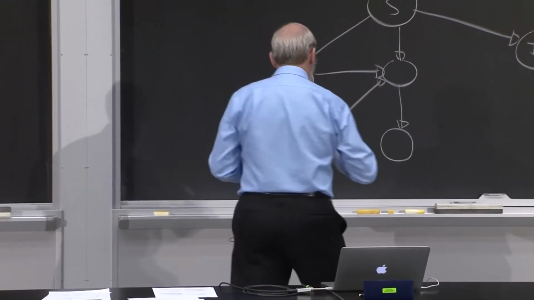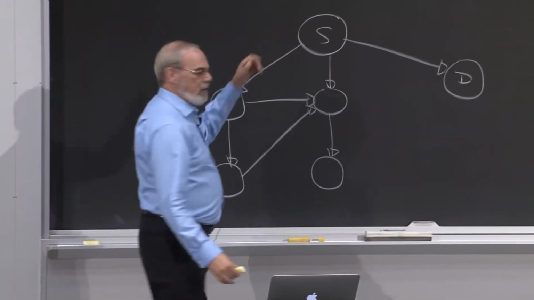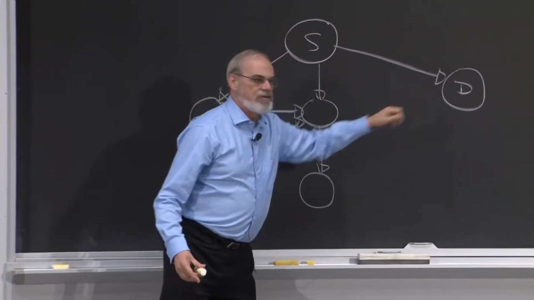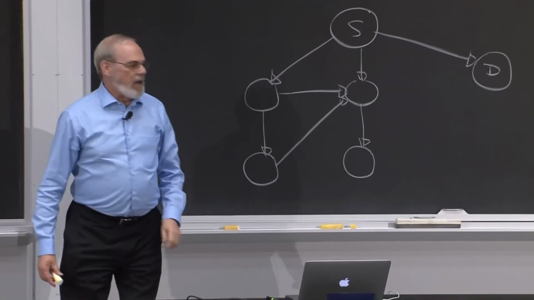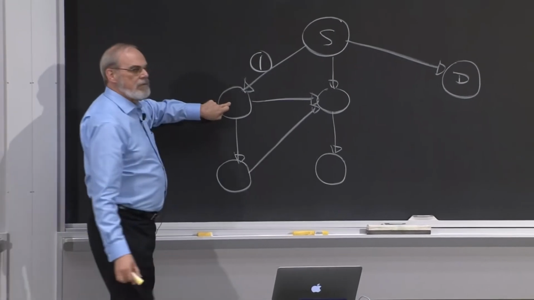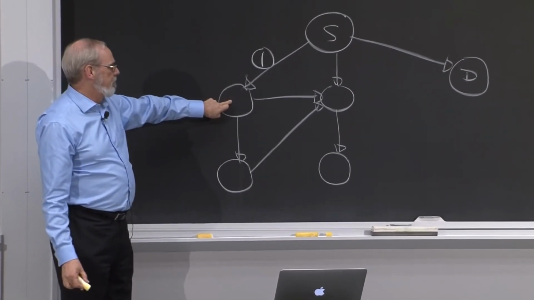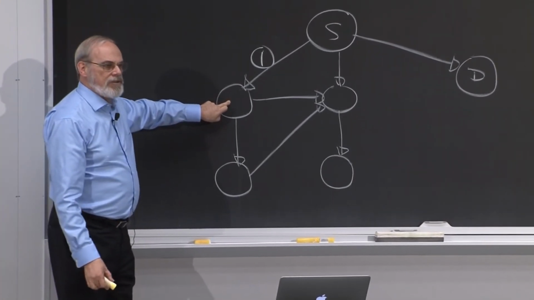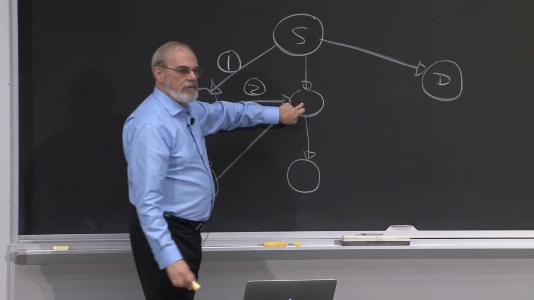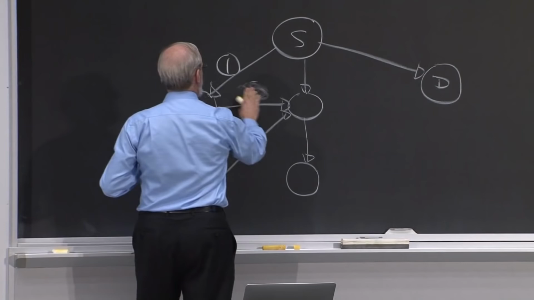So let me show you an example. I've got a little search tree here, very simple one. There's my source. There's my destination. In depth first, I'm going to start at the source and go down the first path. See if I'm at the right place. I'm not. So I'm going to take the first path out of here. Actually, let me not do it that way. Let me do it this way.